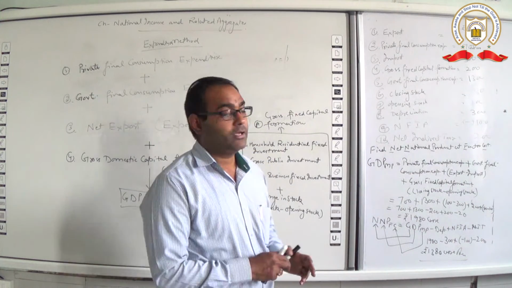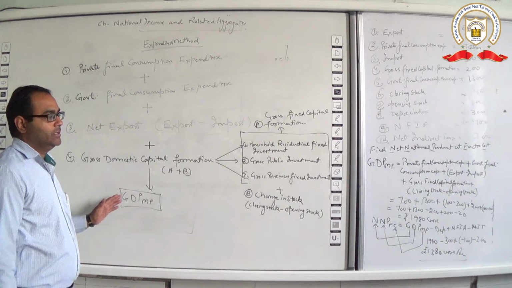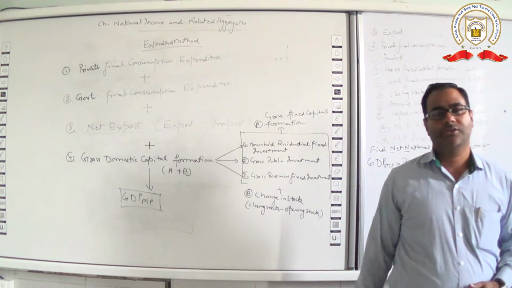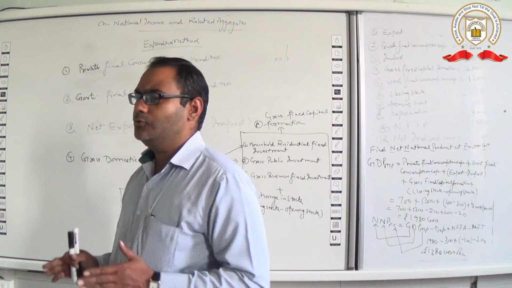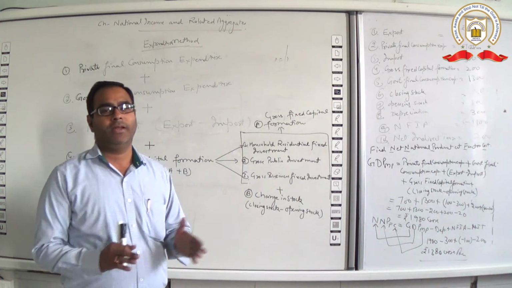I hope the concept is clear to you how we can calculate the different items by using the expenditure method. Keep in mind that by using these three methods we can calculate three different values.